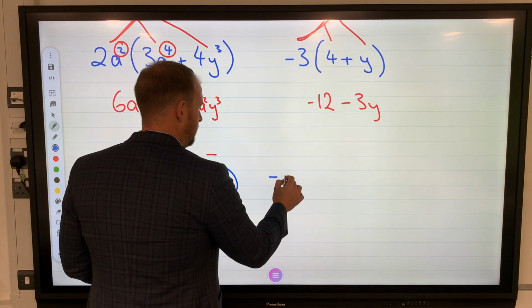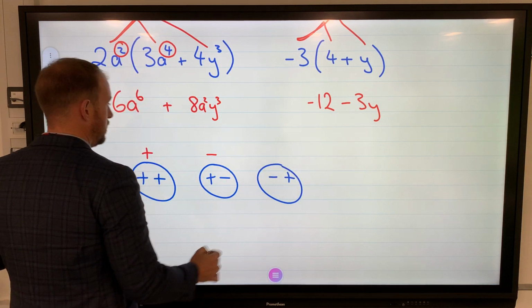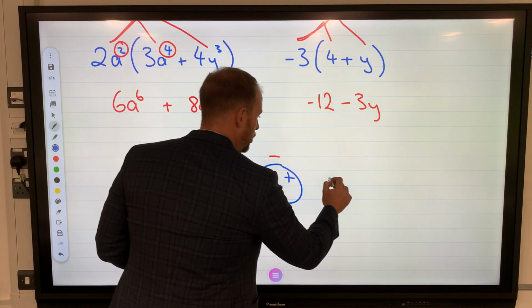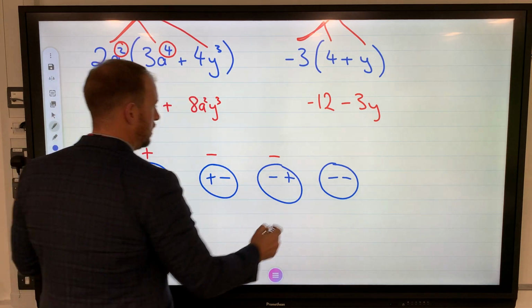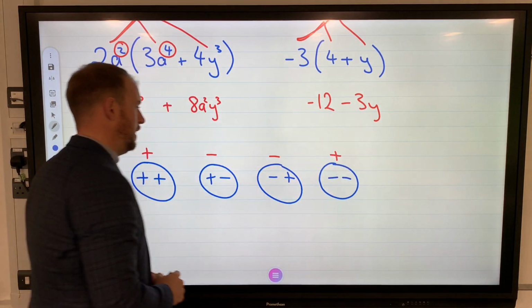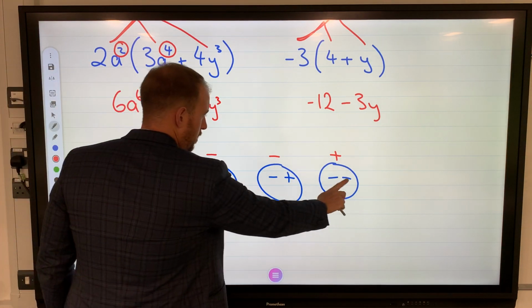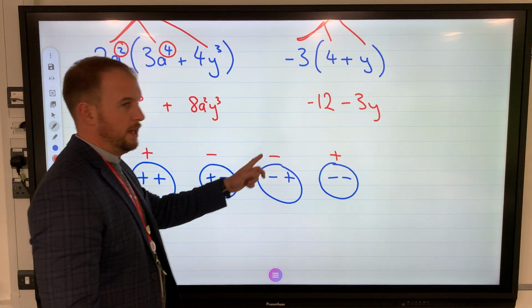If we had a negative first and then a positive, this would create a negative answer. And then if we had two negatives, that then creates a positive value. So you can see here, when the symbols are the same, they're positive, and when they're different, they're negative.